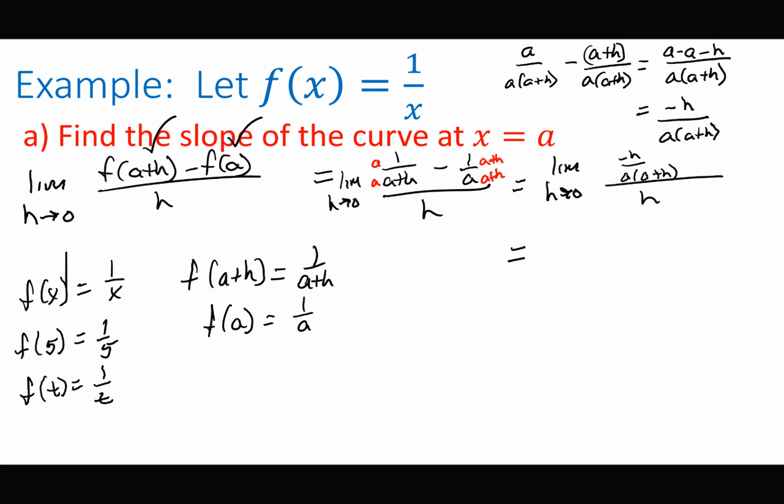Okay, all right, so if I have a fraction in the numerator divided by something, well, really, I could think of this as h over 1. So if I'm dividing a fraction by a fraction, I can think of invert and multiply. So this is really 1 over h times negative h over a times a plus h.